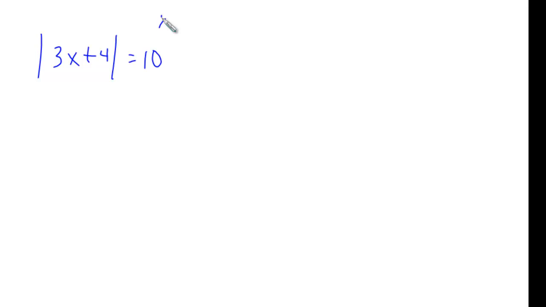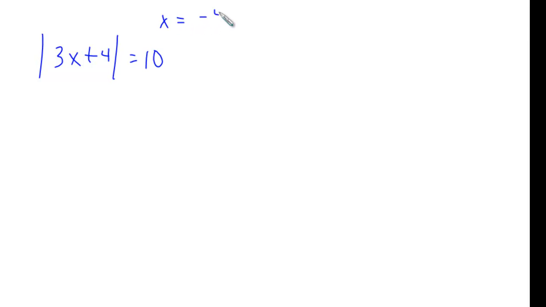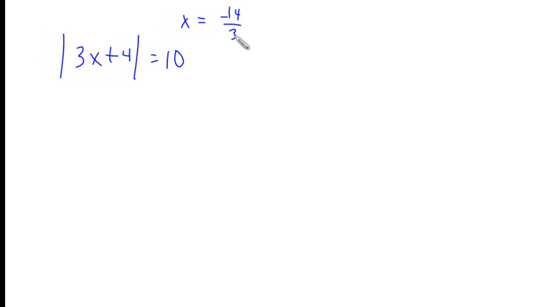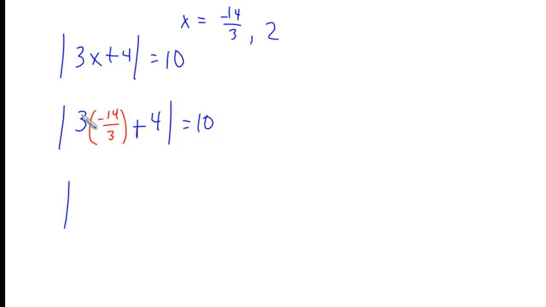Remember, a while ago we got x is equal to negative 14 over 3, or we got x is equal to 2. Substituting negative 14 over 3 in for x, inside the absolute value brackets, 3 will go into 3 one time. Remember, this is 3 over 1, and we can cross reduce.